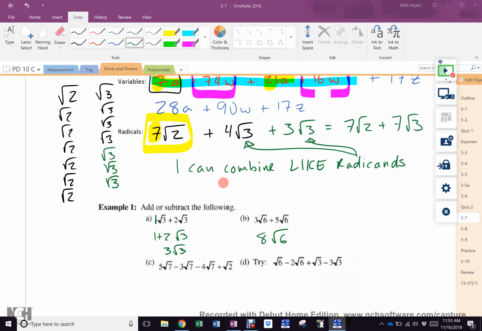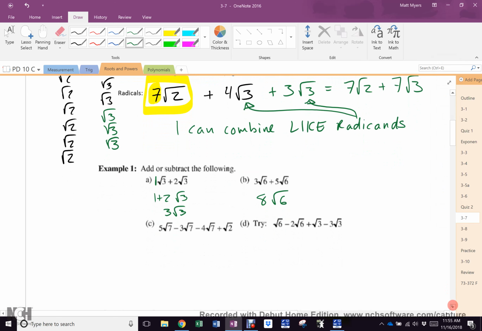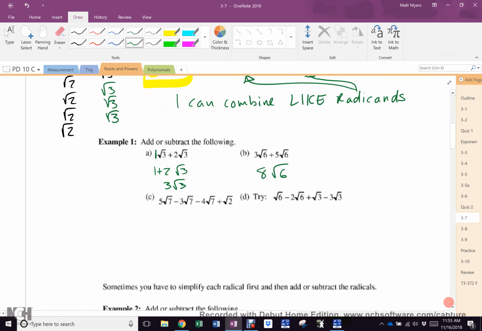Yeah? What is different in C? There's 2 different things. One, there's subtraction. But we know subtraction's a fake out. Invented by lazy math guys because they were too lazy to write plus minus. So subtraction isn't going to fool us. What else is different in C?